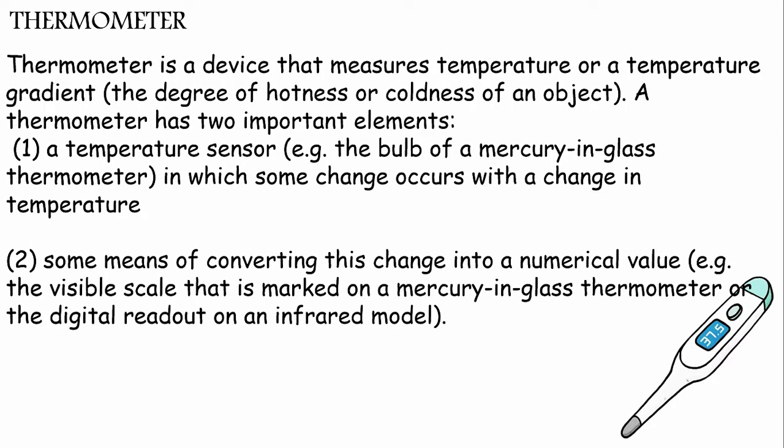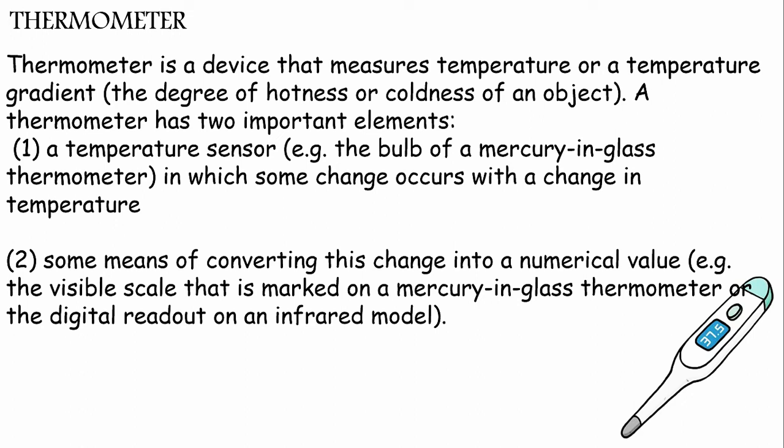Next, the thermometer. A thermometer is a device that measures heat or temperature gradient. The degree of hotness or coldness of an object is known as temperature. Now, a thermometer has two important elements. First one, a temperature sensor.